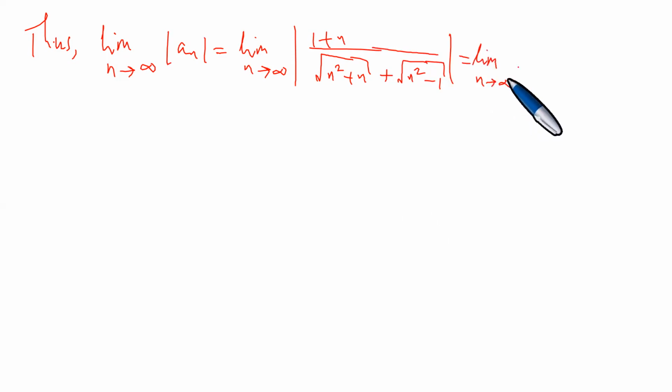As n approaches infinity, you factor out n from the numerator, because in mathematics we say if we take the limit of the function as n approaches infinity.